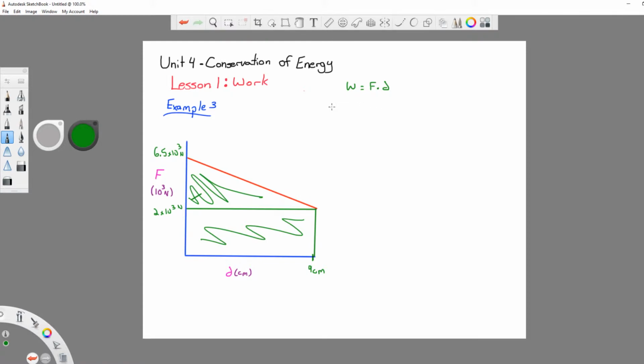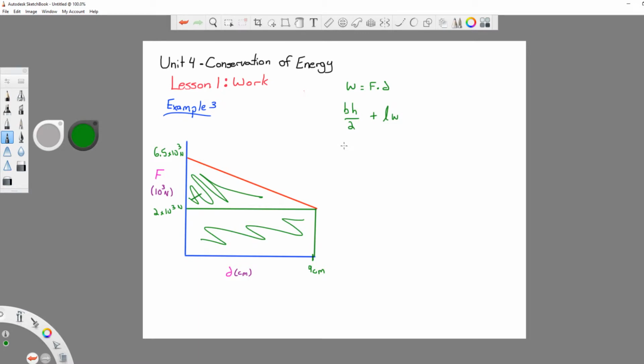So our work here is going to be the area under the graph, so I'm going to say we're going to have 1 base times height divided by 2. That's our triangle. And we're going to add just a rectangle, length times width. Okay, well, on our triangle, we are going to have a base value of 9 centimeters.